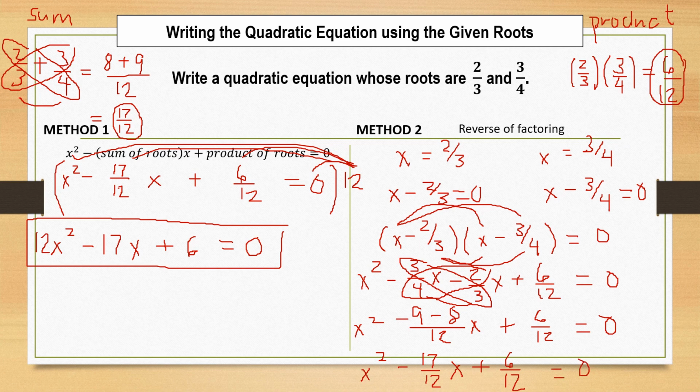Now to get rid of the denominator 12, multiply the entire equation by 12. So we have 12 times x squared.